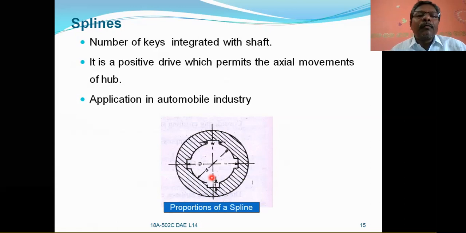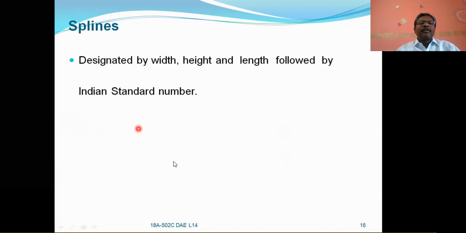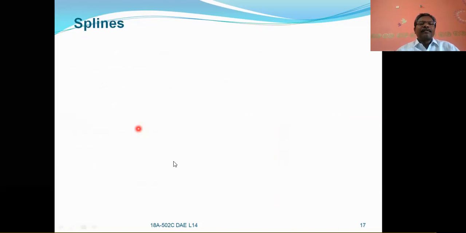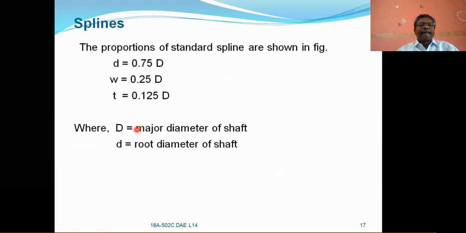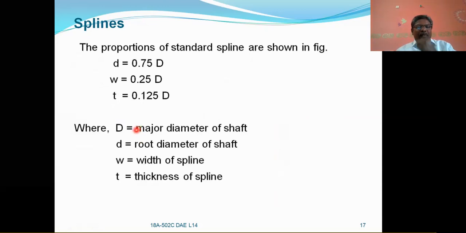With this we have concluded whatever we have discussed so far. Let us have a summary of today's lesson. So far we have discussed keys.